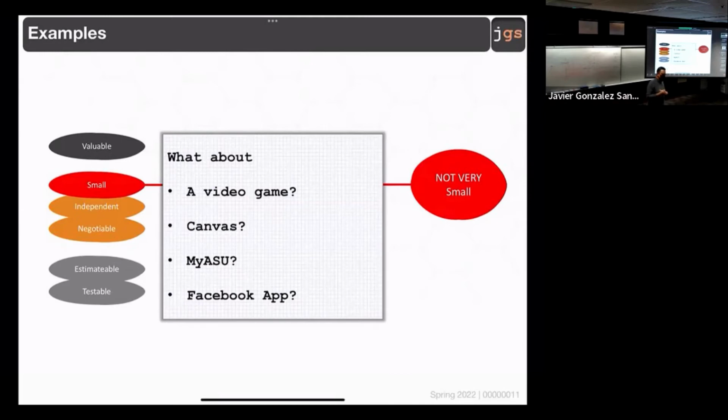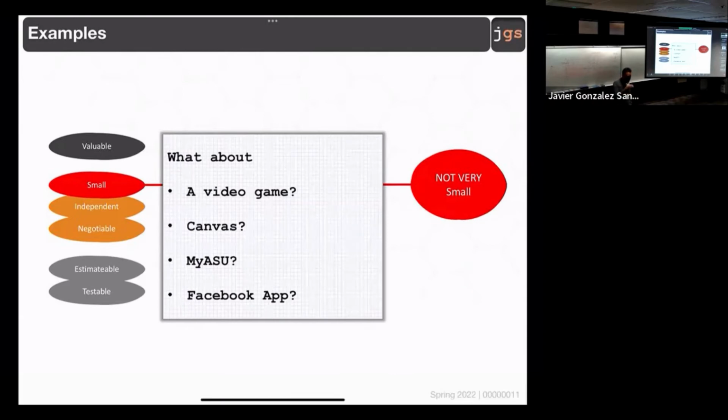Okay, is it something that the customer wants? Good. Is it small, independent? Good. Not ambiguous? Perfect. The last thing is about estimation and testing. If you have the previous things, I am almost sure that the last two are going to pass.